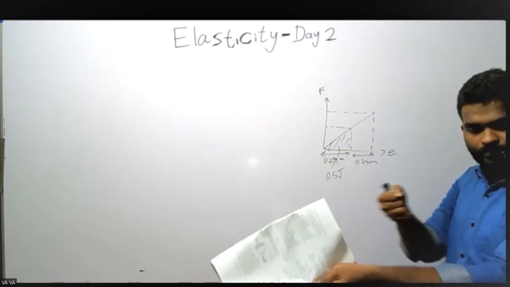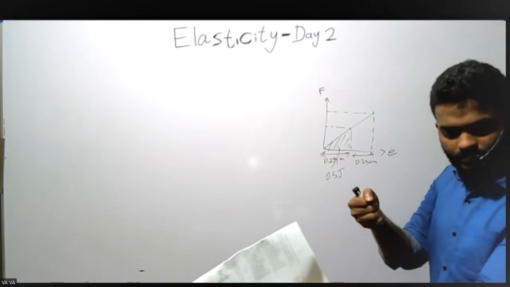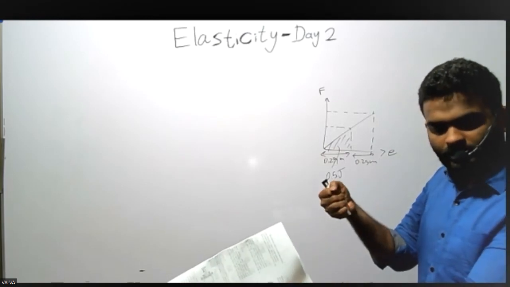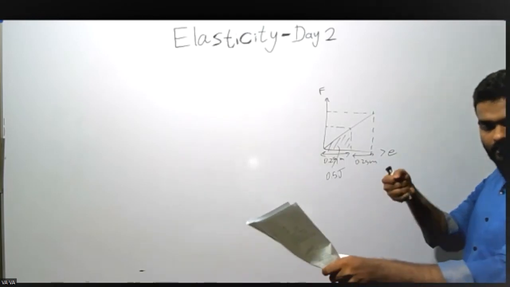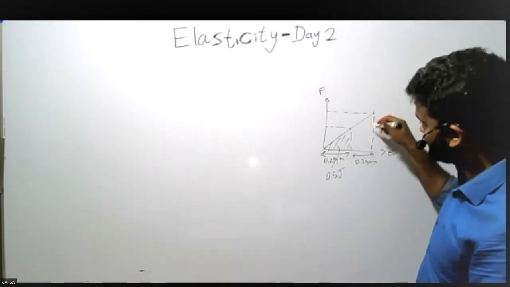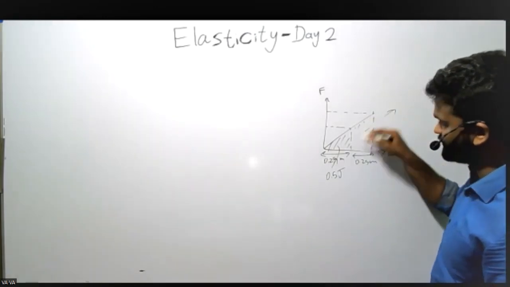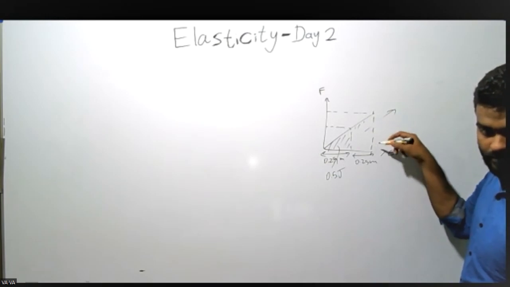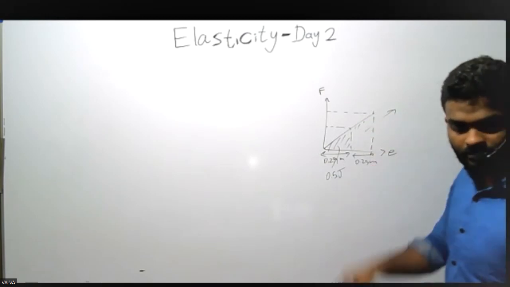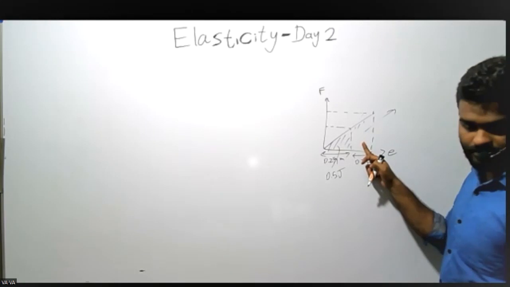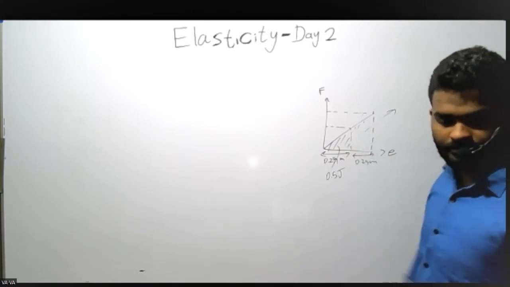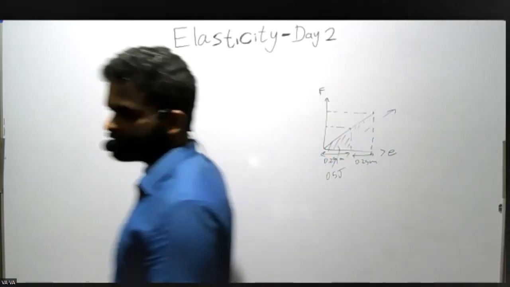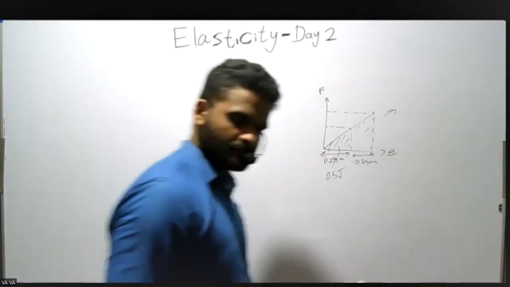It is harder to pull another 0.25 because there's already a built-up force. So it takes more energy, which is represented by this large area of the graph. So you have to find the area of this. That is the answer. Third one.